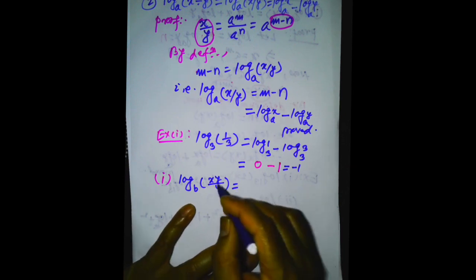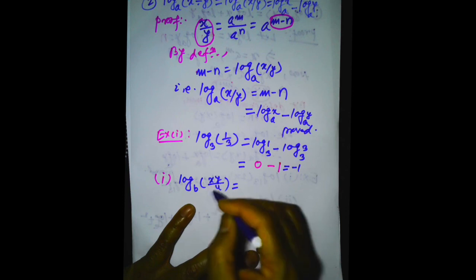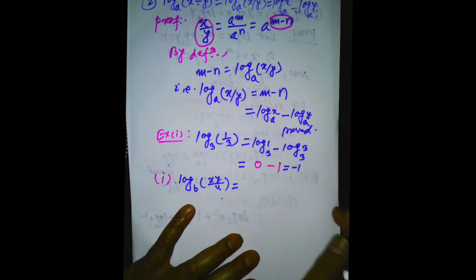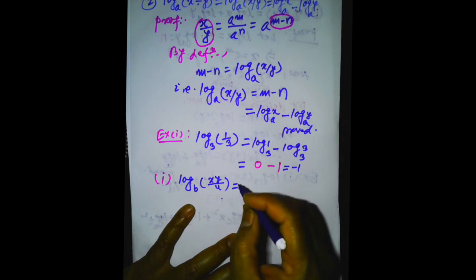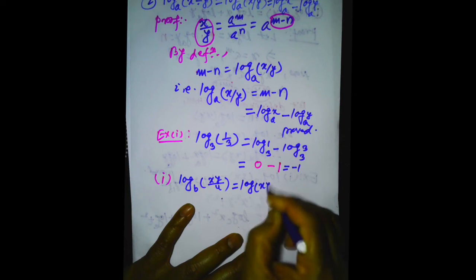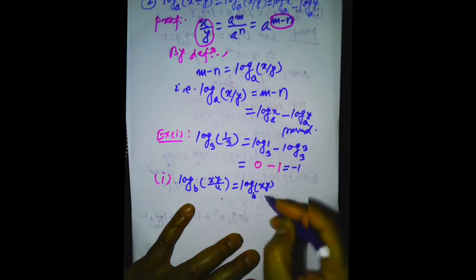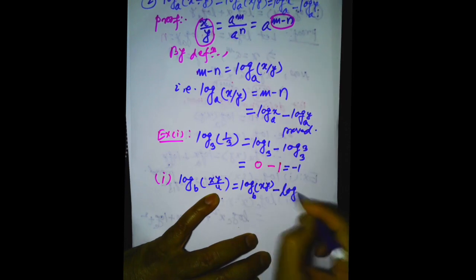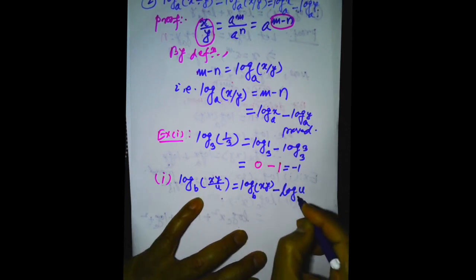First of all, because we are dealing with division here, we use the quotient rule. In the quotient rule, it is log x minus log y. So here, in place of x we have xy, and the base is b, and because of this division, this is minus, then log of u and the base is again b.